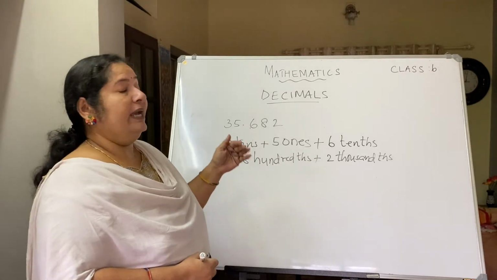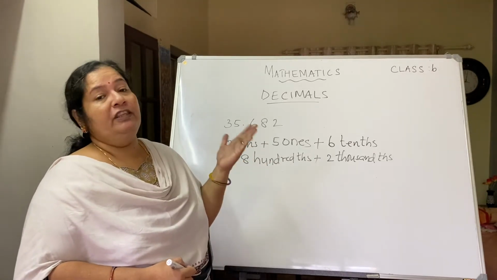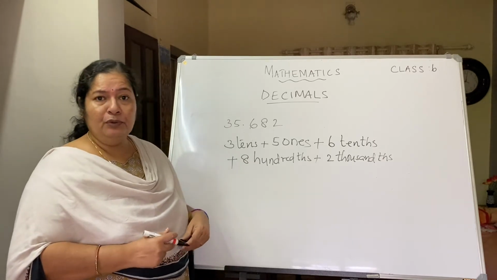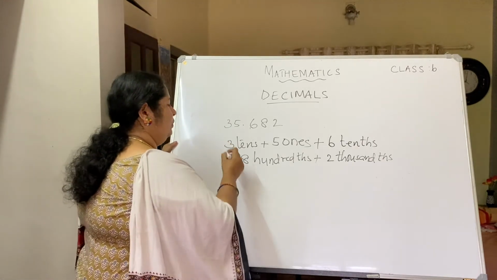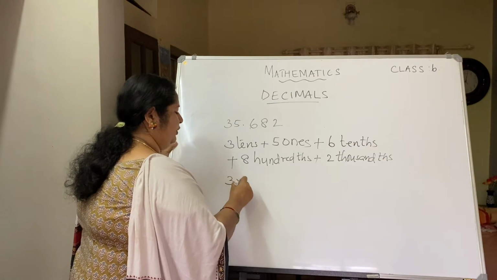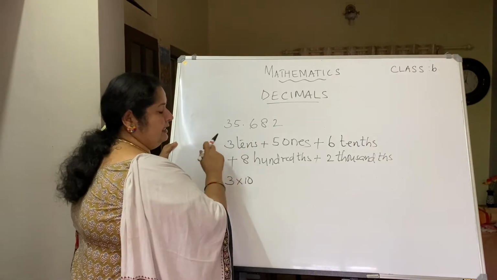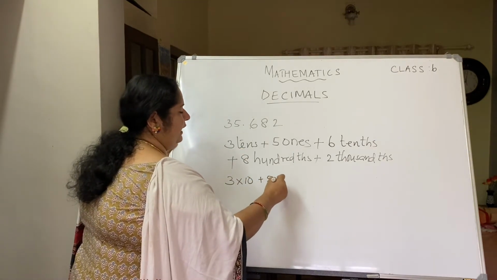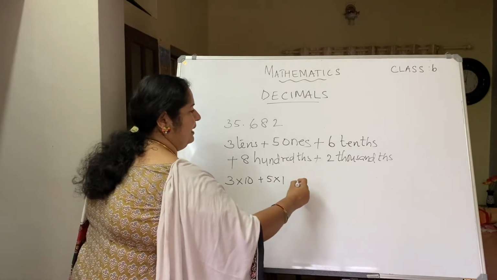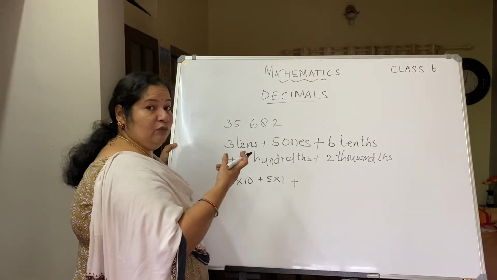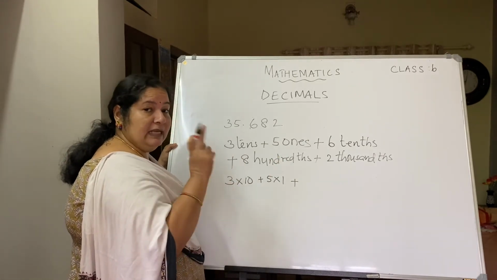Now if you write it with the values, how are you going to write it? This will be 3 into 10, the value of the tens place, plus 5 into 1 plus 6 tenths. What is the value of the tenths place? 1 by 10.